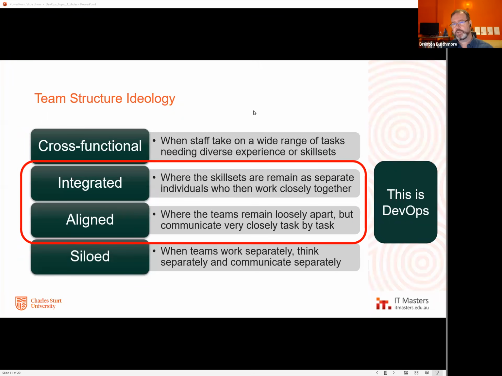That's a little harder to do because it requires a bit of workflow discipline, but it can work just as effectively as having dev and ops physically, structurally move together. So this is the kind of structure ideology we're looking for.